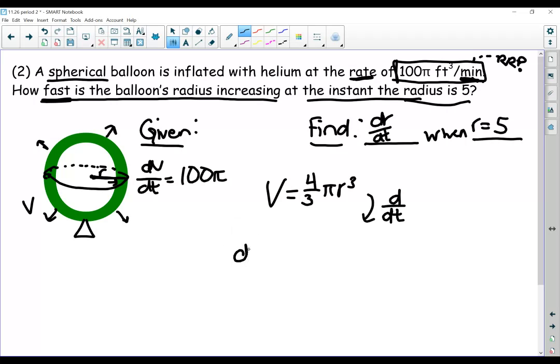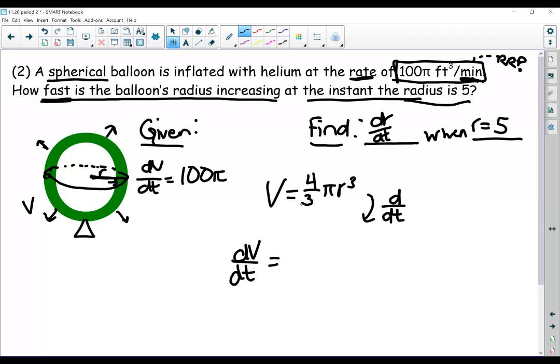Its derivative would be a function we call dV/dt. I'm not going to say V prime here because I want to give respect to the time factor, which is not a variable in this situation. So the only way I can notate that I did this with respect to time is by writing it as dV/dt as opposed to V prime.